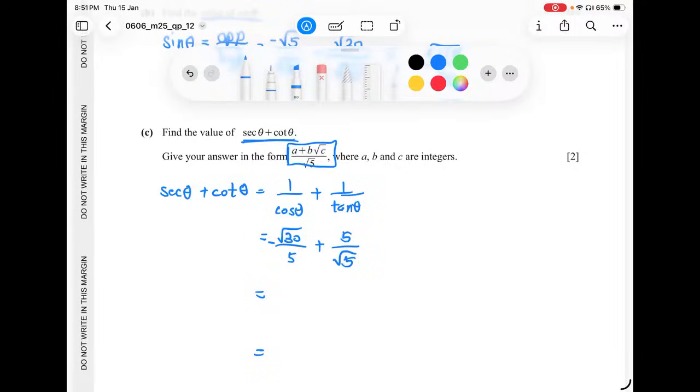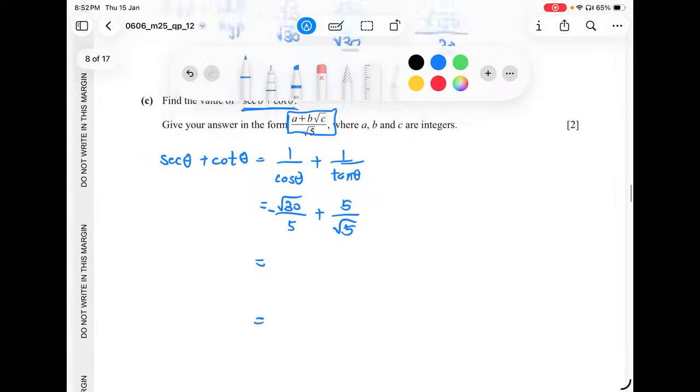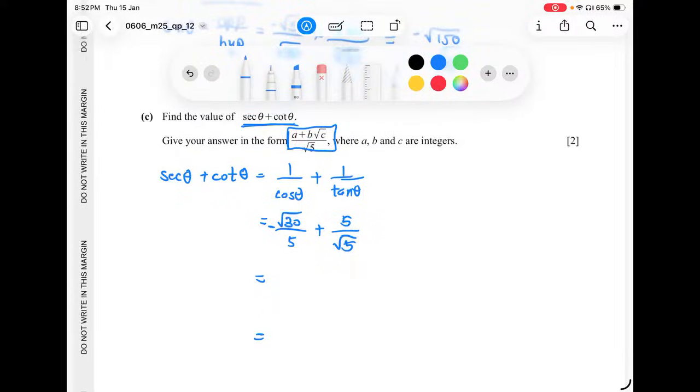So now what we do is, you just make it 5 root 5 on the bottom. So this you just do the normal calculation.